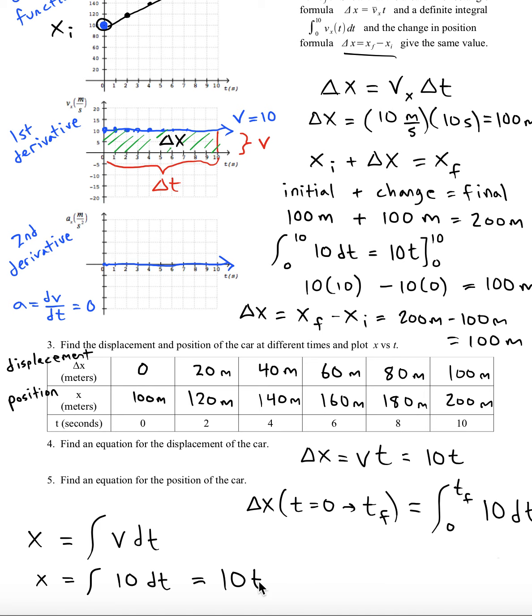And this time we'll put a plus xi. So what is that initial position? That came from the givens in the problem. It's going to be 100. And there we go. We created a formula which will give us the values in this table.